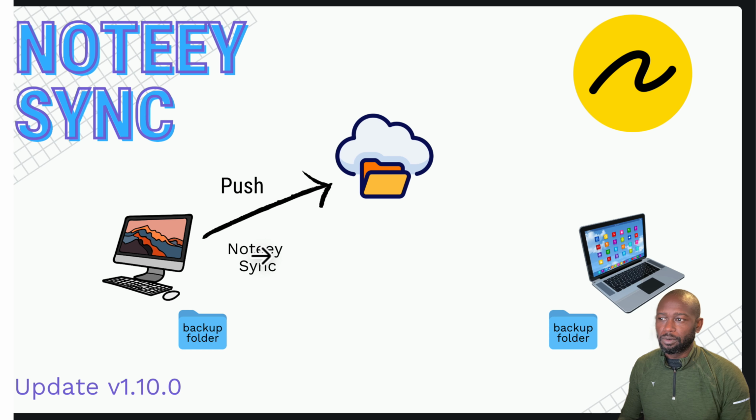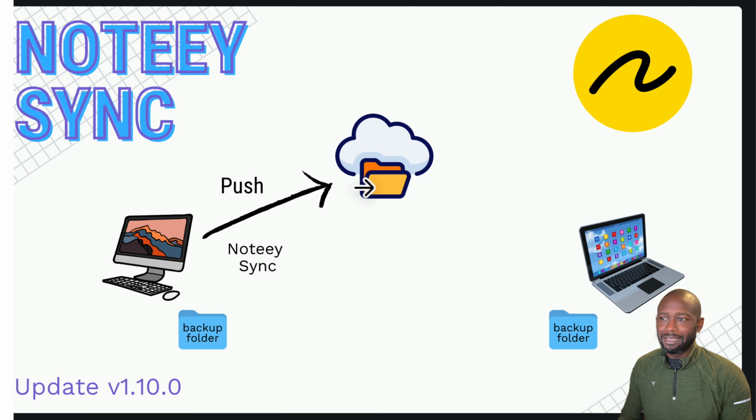Then you will hit Noteey sync, and that sync will push all the relevant data to that particular folder. You're not going to see this really look like it's sending something across the internet per se. For you, because that folder is local on your computer, it'll just look like you're saving it to your local system. But behind the scenes, that cloud service, whether it's iCloud, OneDrive, or Google Sync, will sync that in the background.